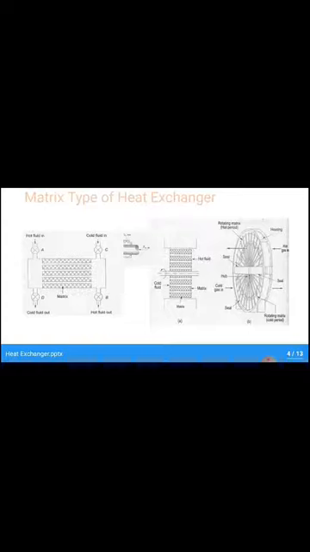If you observe the figure properly, you can understand that in this type of heat exchanger, the hot and cold fluids are not present inside the heat exchanger at the same time.